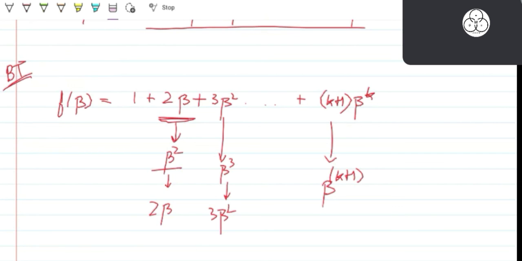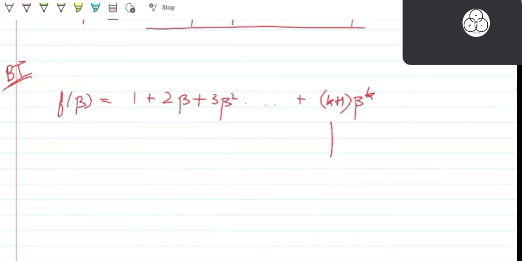So can we write it this way? One is simply the differentiation of beta with respect to beta.